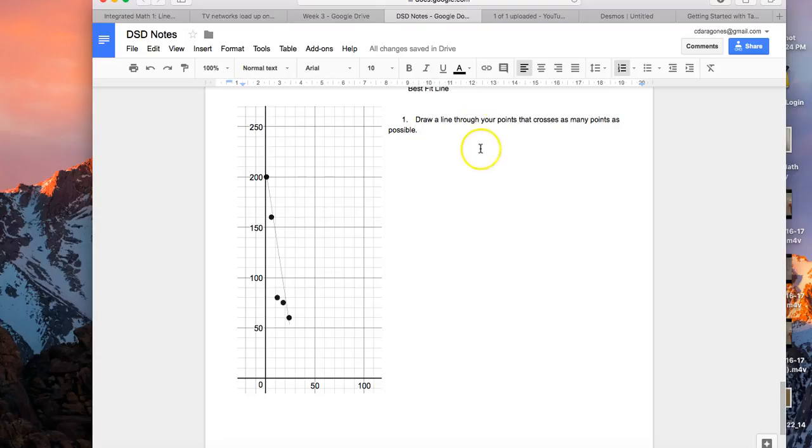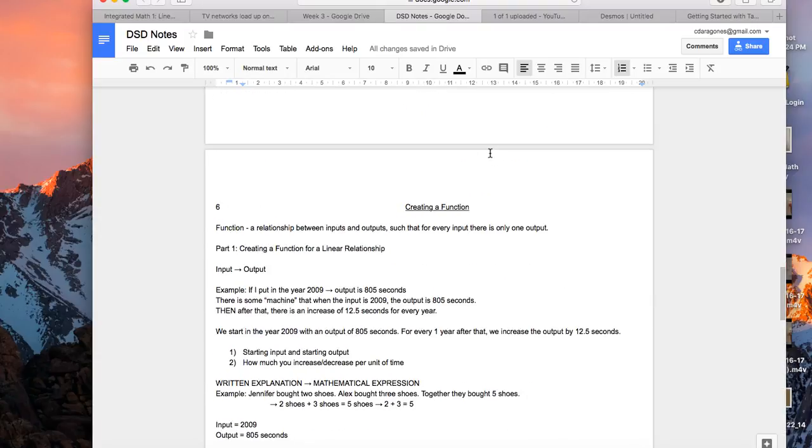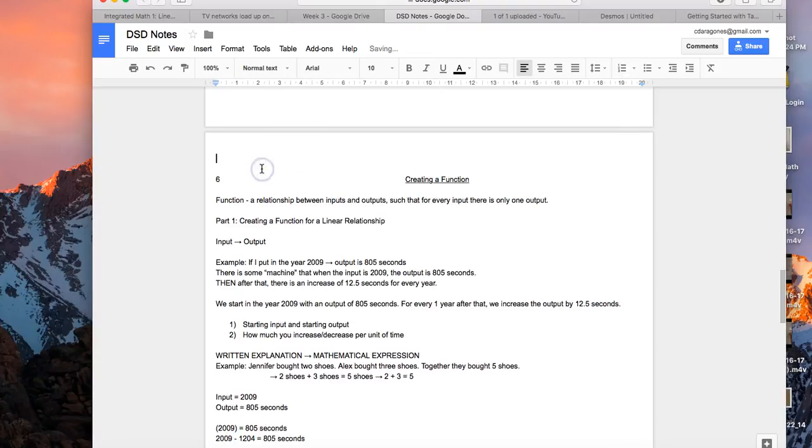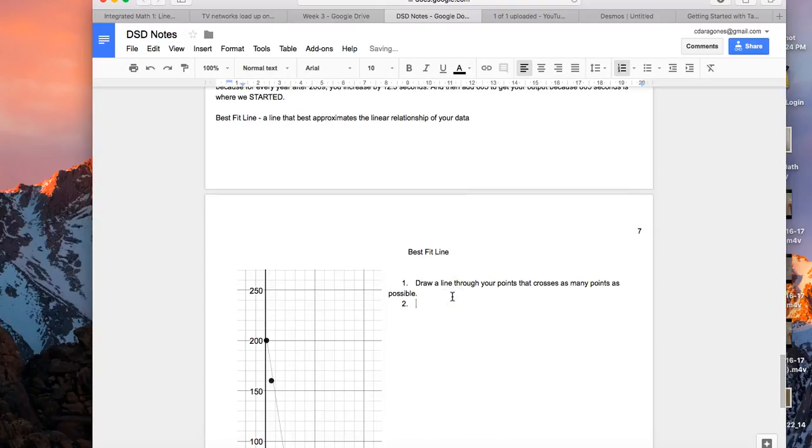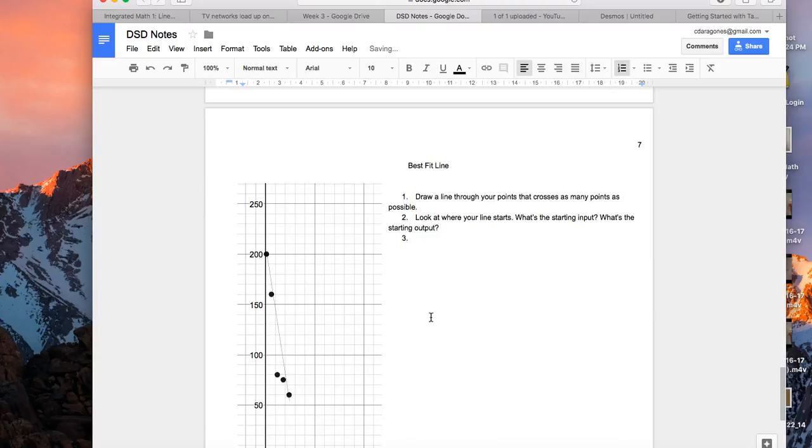And then you're going to do the same thing as you did in the creating a function portion. First, you're going to look at where it starts. What's the starting input? What's the starting output? And then, of course, you're also going to look at, for every time interval, how much you are increasing or decreasing by, right?